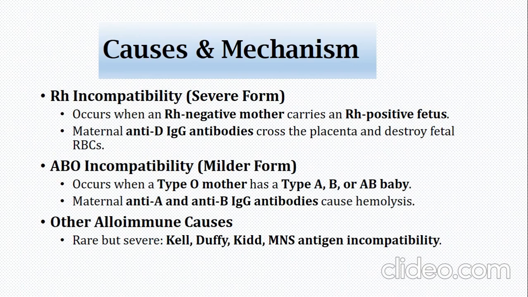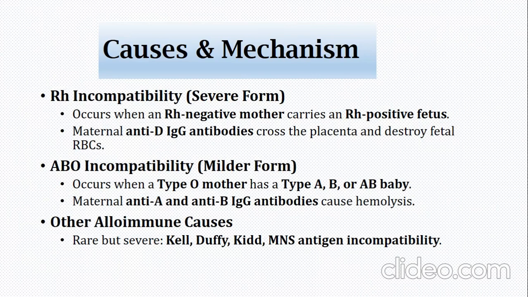From here, on the Rh incompatibility, you can see that during pregnancy or childbirth, the rhesus positive blood from the fetus can enter the rhesus negative mother's circulation, triggering the immune response, where she produces antibodies against the rhesus antigen.